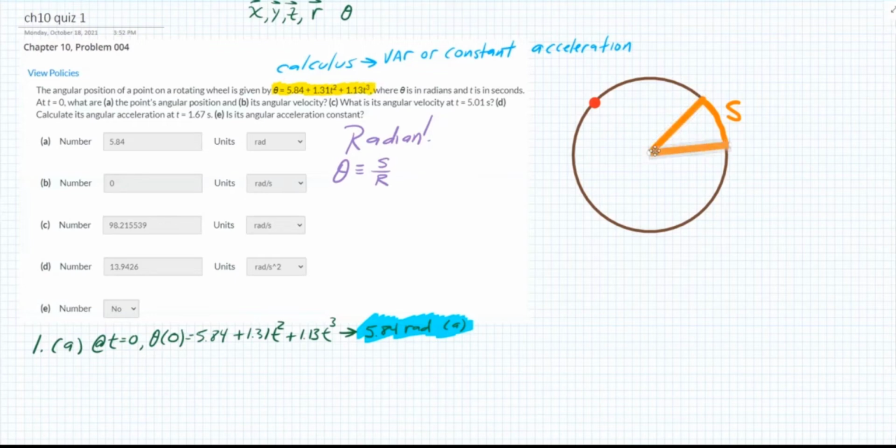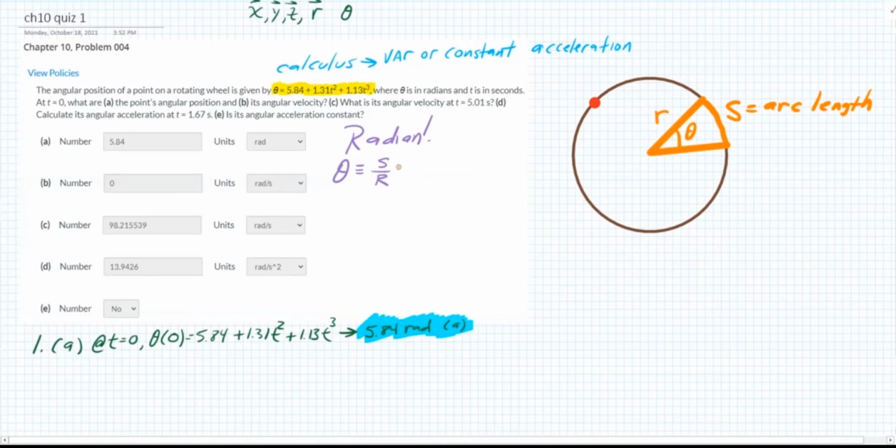S stands for arc length, and it could be a portion of a circle, or one circle, or multiple circles. If this wheel spins 5 times, then you have 5 circumferences that correspond to the arc length. This is R. R stands for radius. And this is theta. Theta stands for angle.